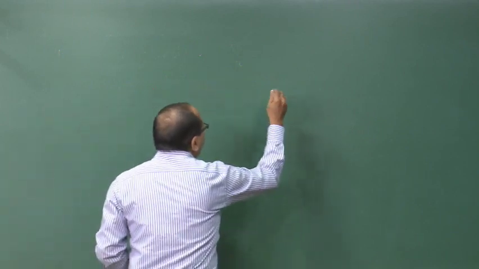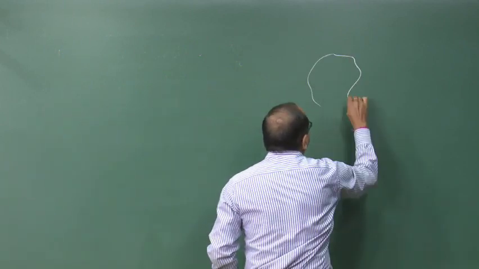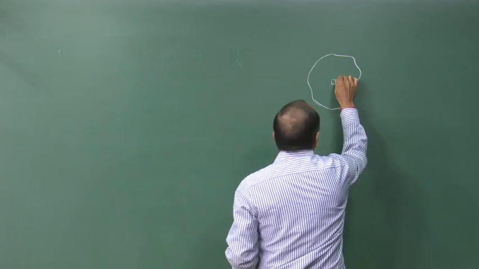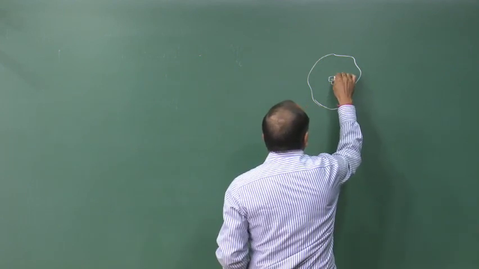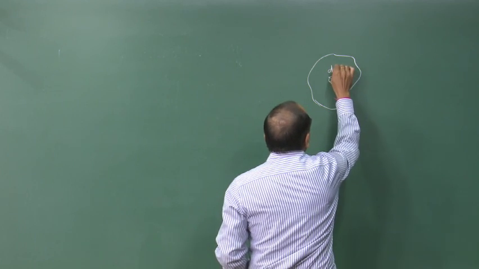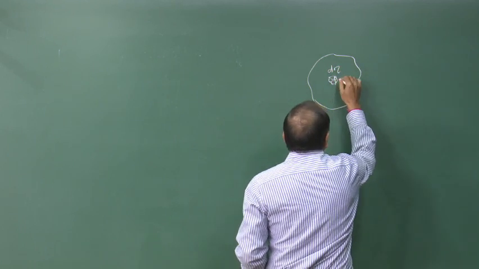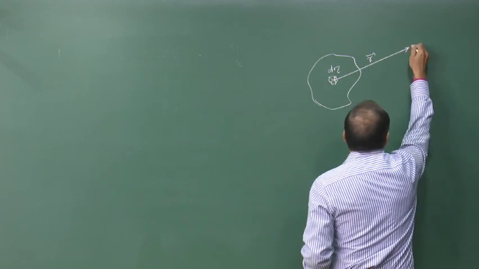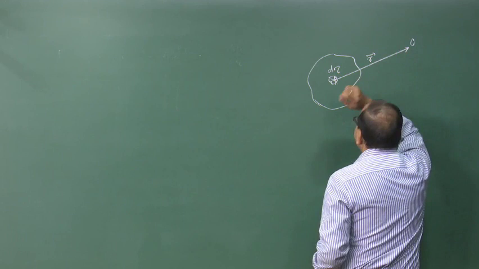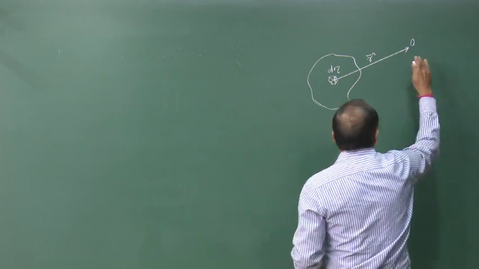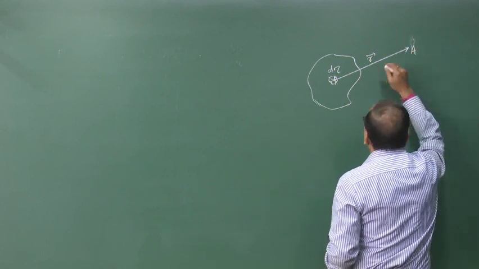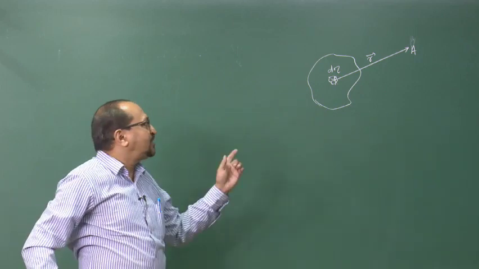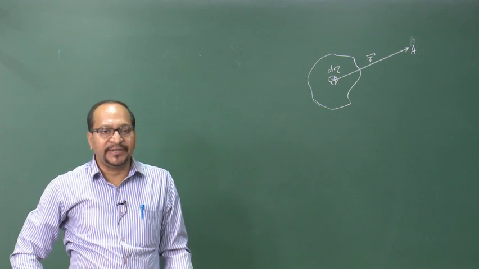Suppose we have a dielectric material which is already polarized, and let us consider a small volume element d tau of this dielectric material, and at a vector r we want to find out what is the electric potential. So, this point is A. Okay. The source charge is here at d tau. Because of this we want to find out the potential at A.